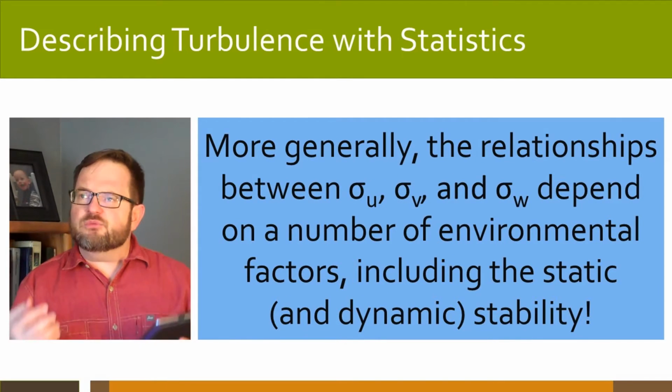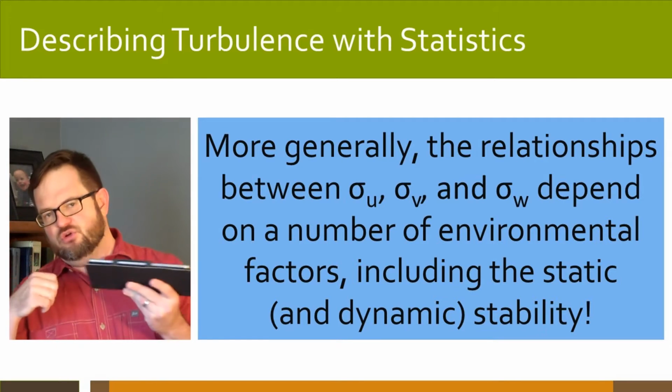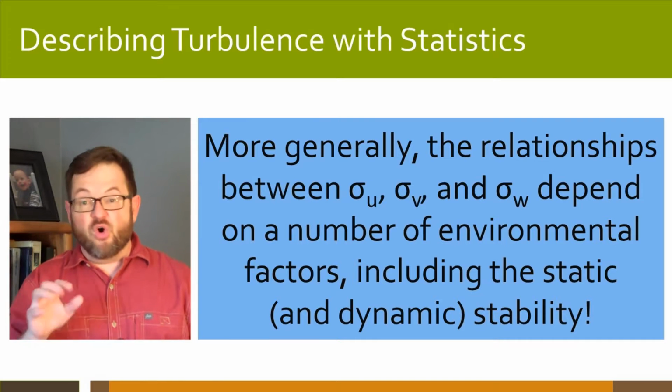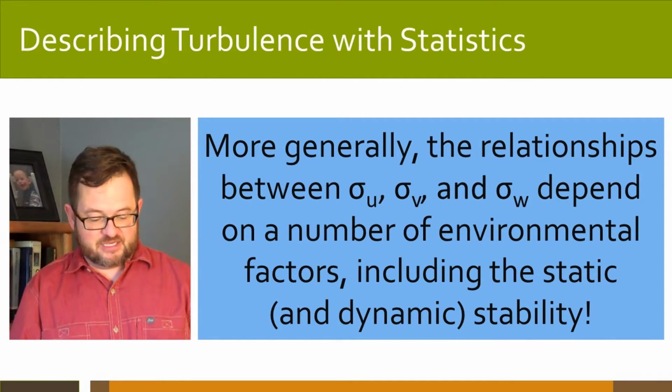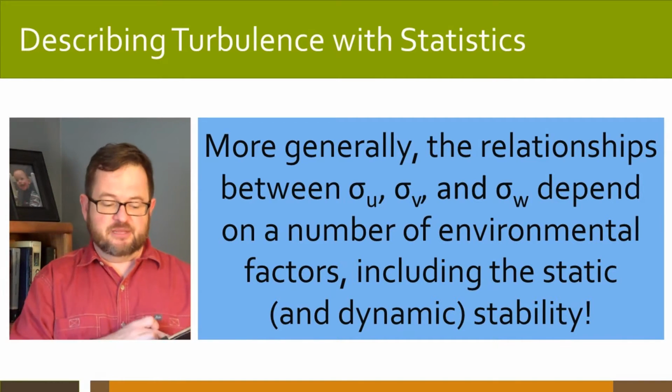More generally, whatever relationships you're going to have between the standard deviation of U and the standard deviation of V and the standard deviation of W are going to depend on a whole bunch of different environmental effects, including things like static stability and dynamic instability.